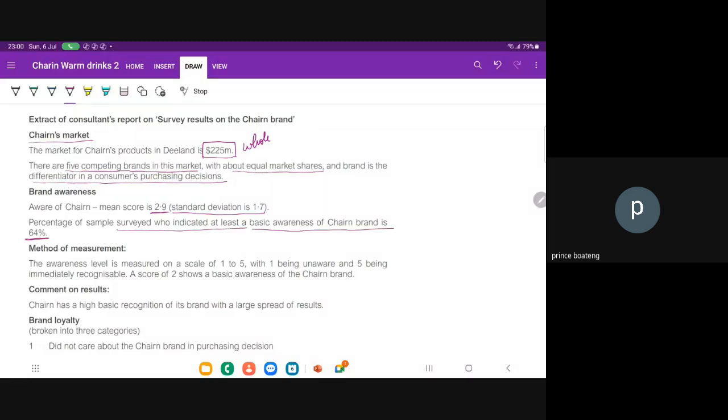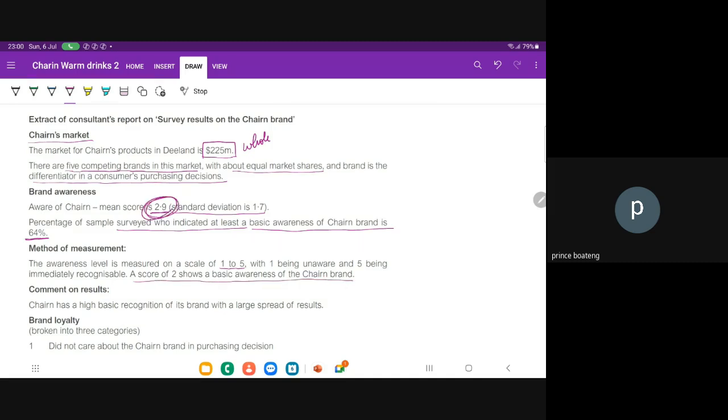Like if we have interviewed 100 people, out of it 64% are aware of the Sharon product brand, right? That means 36% don't have any idea what this product is, right? Method of measurement, the awareness level is measured on the scale of 1 to 5, where 1 being unaware and 5 being immediately recognizable. A scale of 2 shows a basic awareness of the Sharon brand.